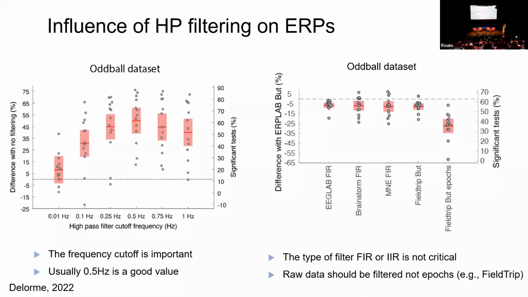And then he also tested different filters in the different toolboxes. So we have the EEGLAB FIR filter, Brainstorm FIR filter, and MNE FIR filter. And they all do pretty much the same compared to the ERPLAB Butterworth filter, which is an IIR filter. The only filter that does much worse is the one in FieldTrip on epochs. So you should really filter your raw data and not the epoch data.